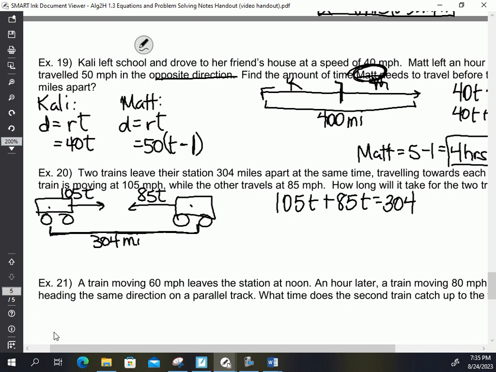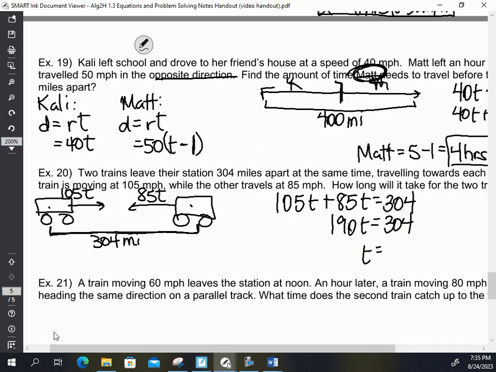They have to cover all of that distance. They can't meet otherwise. So, plus side is, this is a fairly easy computation to do. Combine your like terms. So you get 190t equals 304.